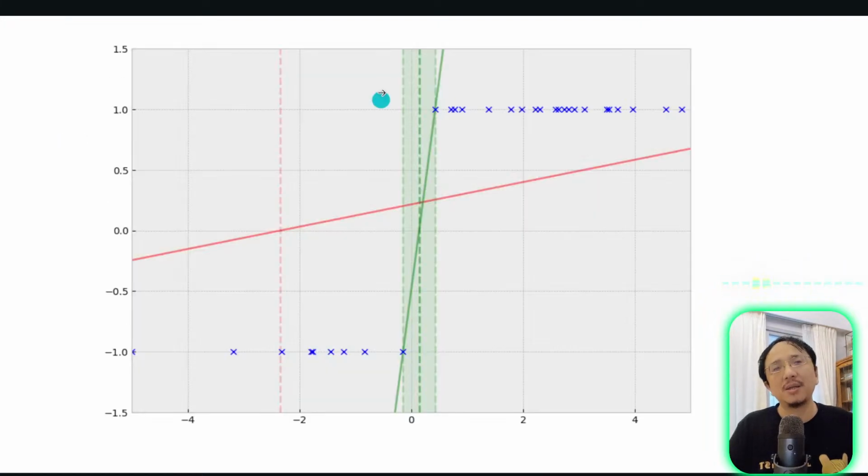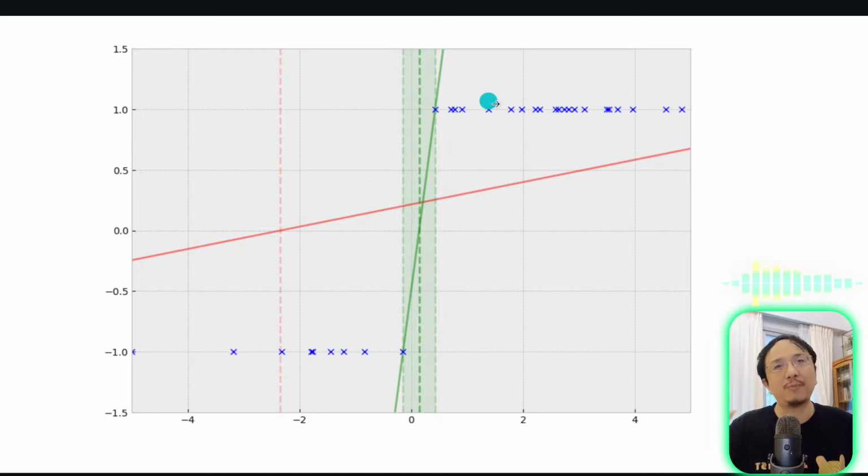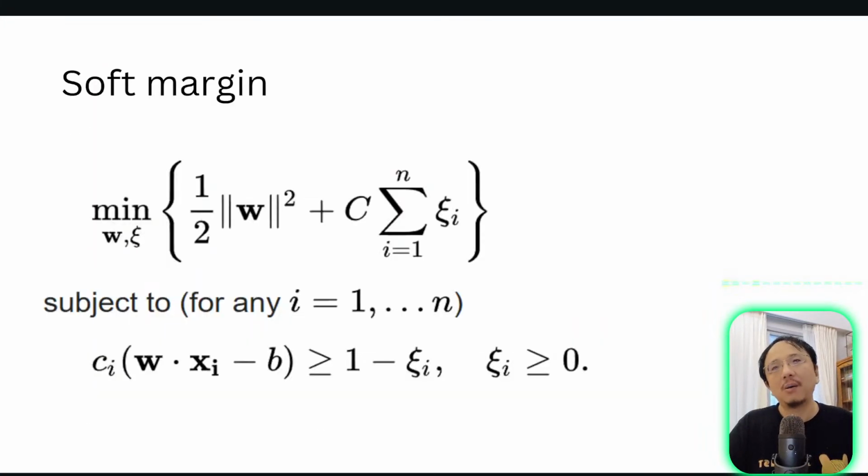If you are on this side, then it is exactly the same as the original unmodified support vector machine, and we still get the benefit of the support vector machine. But if in some case we cannot fully fulfill the strict constraints of the support vector machine, that's okay, but you have to pay some penalty here.